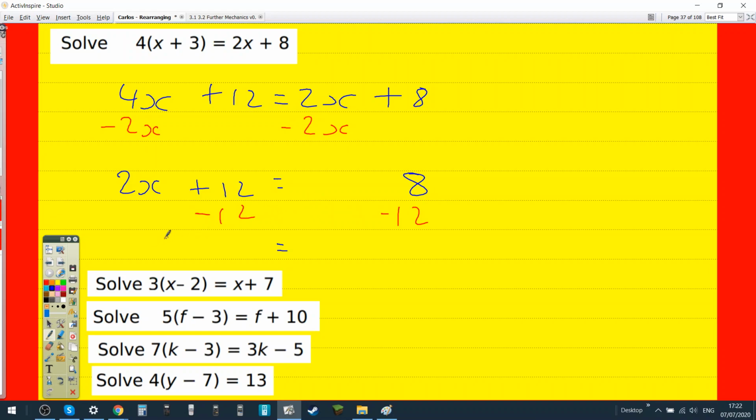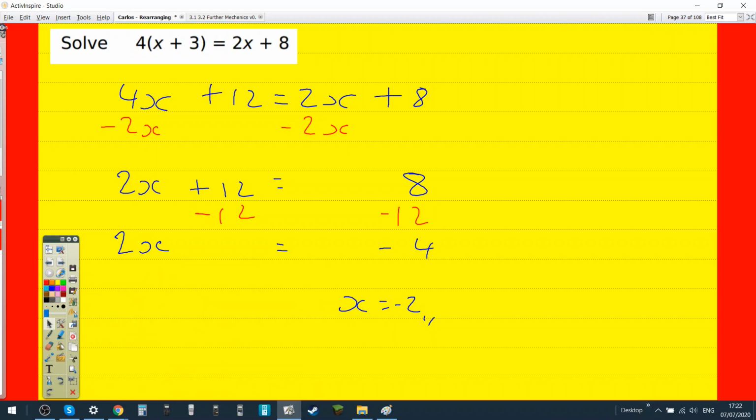So that means 2x is minus 4. Okay, yeah. So what is 1x? 1x is minus 2. That's it. So for this one, x equals minus 2. So for this one, subtract the smaller unknown from both sides, and then it will be the same as anything else.